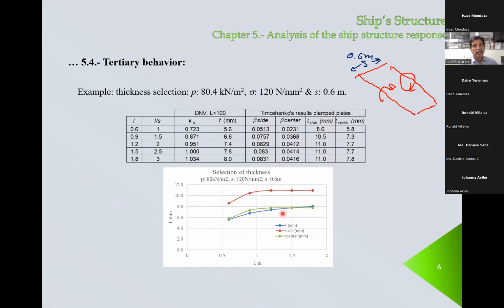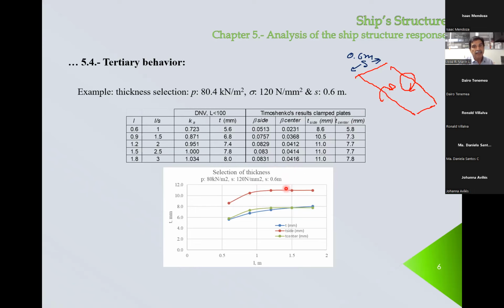These are the results. Here, we have the solution in a graphical way. Up here is the required thickness, assuming that the plate is clamped, and this is the thickness that we will require if we assume that it is clamped, and we take the largest value, which occurs at this point here.